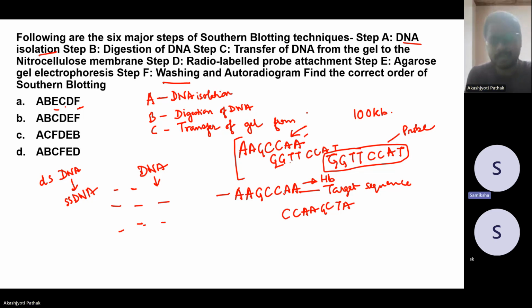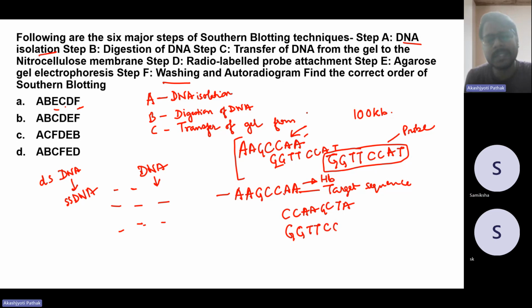Okay. So sir, will the probe bind with the target sequence, or will it bind with the DNA fragments? It will bind to the target sequence because the target sequence will be exactly complementary to your probe.